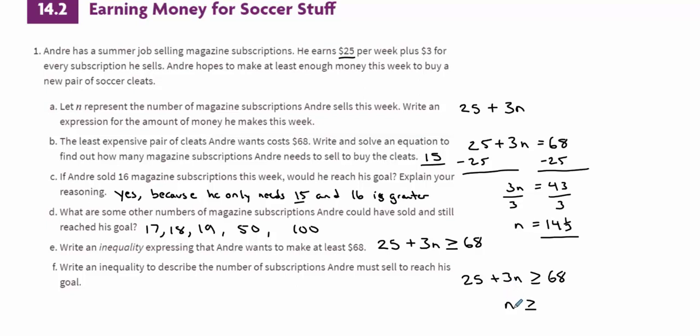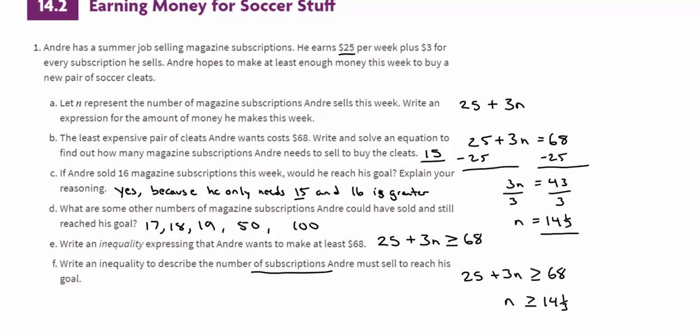The number of subscriptions he sells has to be greater than or equal to 14 1/3. So that's what they want us to do. They want us to figure out how many subscriptions he has to sell in order to reach his goal. I read that question wrong. Okay.